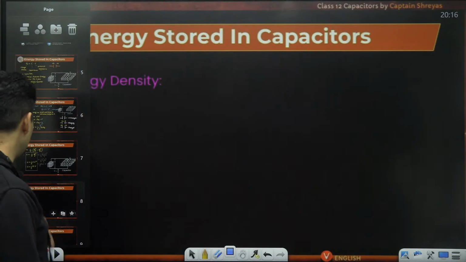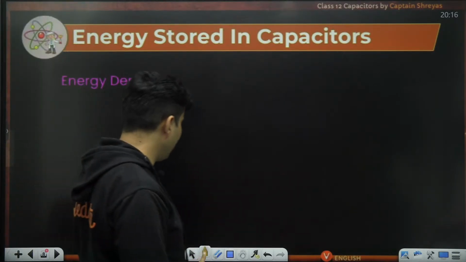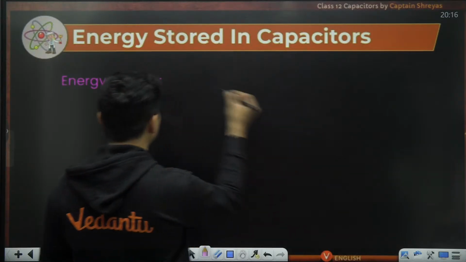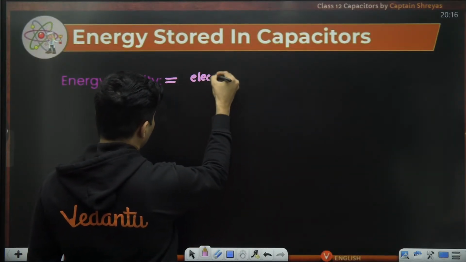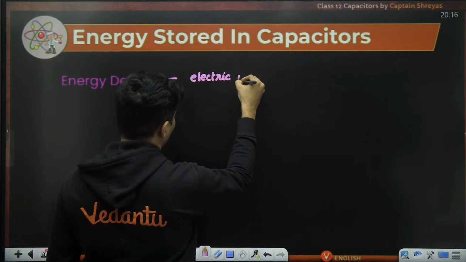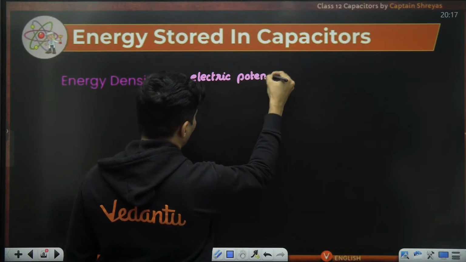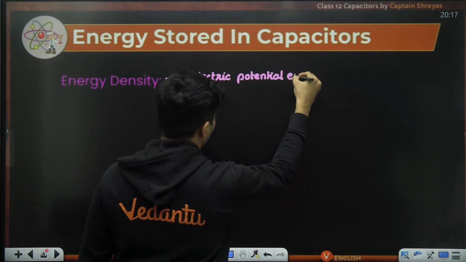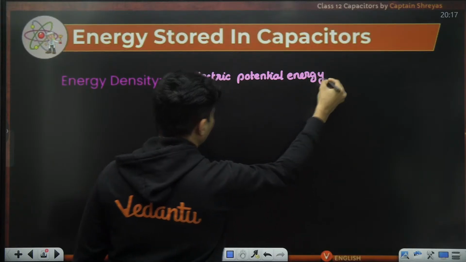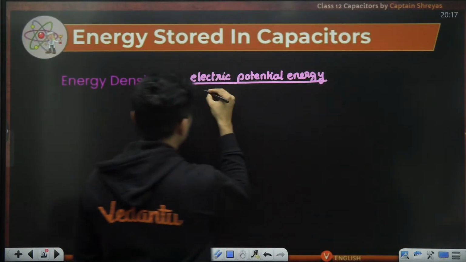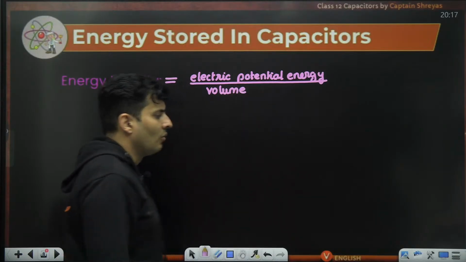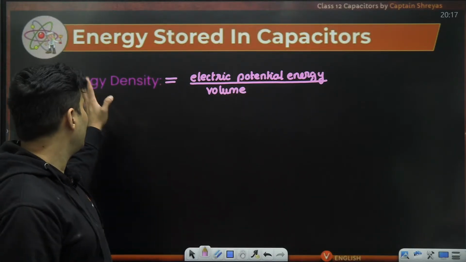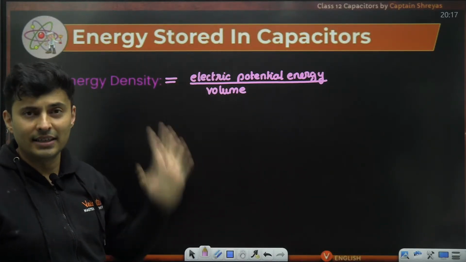That gives me the next term, which is called the energy density, which is nothing but the electric potential energy per unit volume. That's it. So that is your energy density.